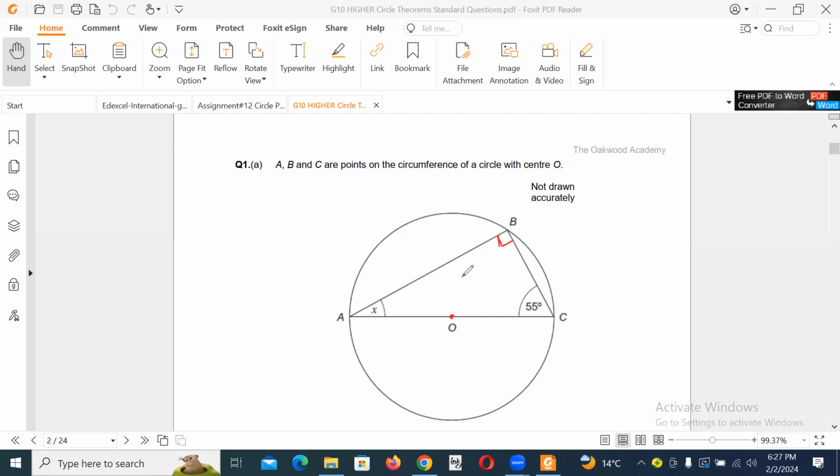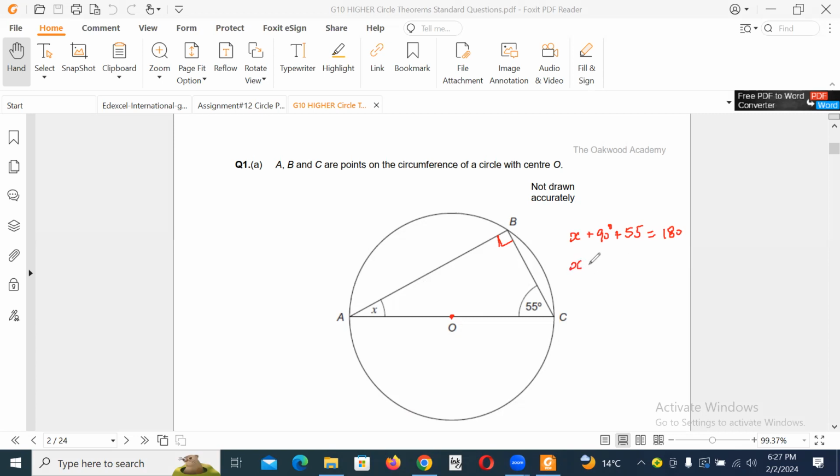They want us to find the angle X. So now the rest of the work is very easy. We can say that X plus 90 plus 55 is equal to 180, and the reason is the sum of angles of a triangle adds up to 180.